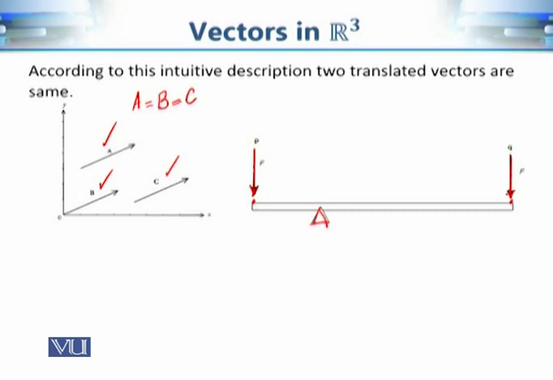So this definition of a vector, which says that it has magnitude and direction, is kind of flawed in this very simple physical phenomenon.